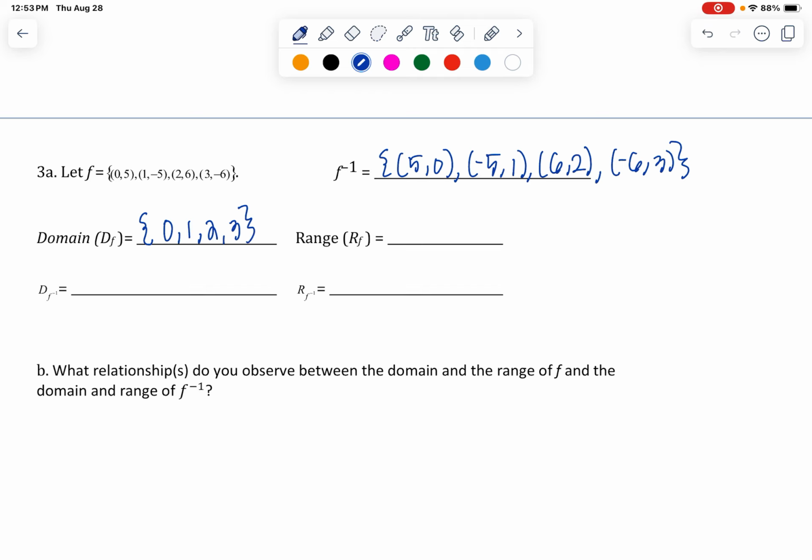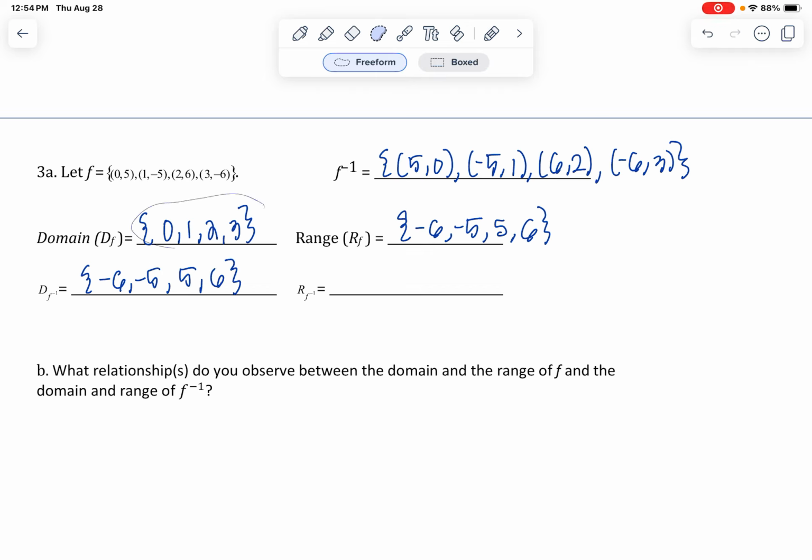And then we're going to write the range of f also. So that is your y values doing the same thing. So we're going to do -6, -5, 5, 6. So there's your range. Now we're going to do the domain of f inverse, which is -6, -5, 5, 6.